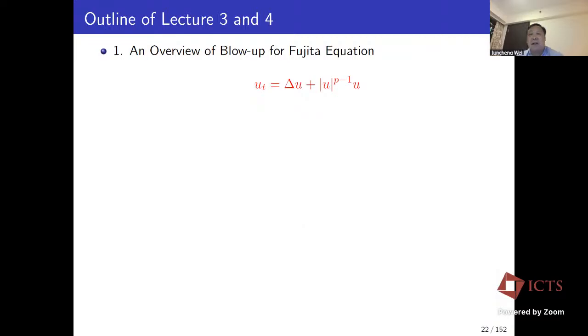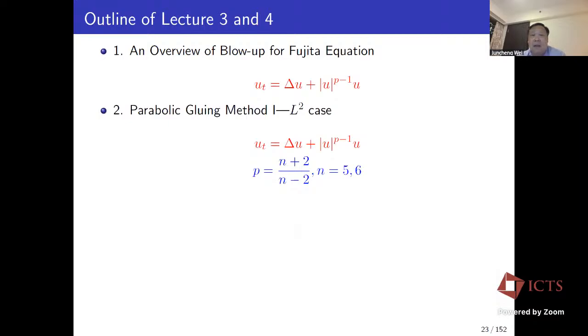So this is the outline of my talk. First, I give an overview of the blow-up for Fujita. Then I will discuss the parabolic Green. First, I will discuss the L2 case, which is dimensions 5 and 6.